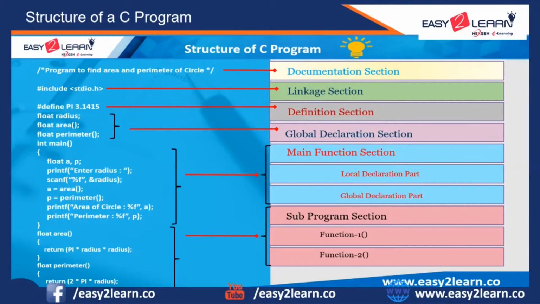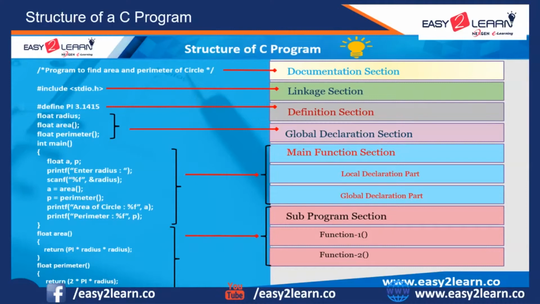It is a comment line in a C program. This comment tells about the program and author details. This will be most helpful for further updates or to upgrade the code. This comment line should start with /* and end with */. The next is the linkage section, or we could just call it the link section.